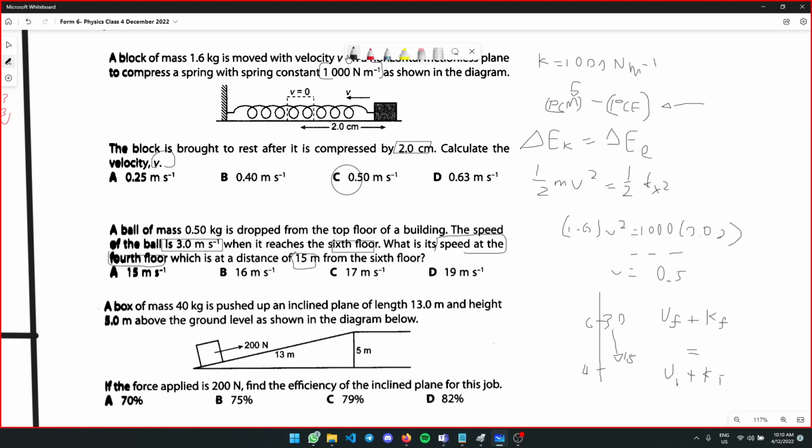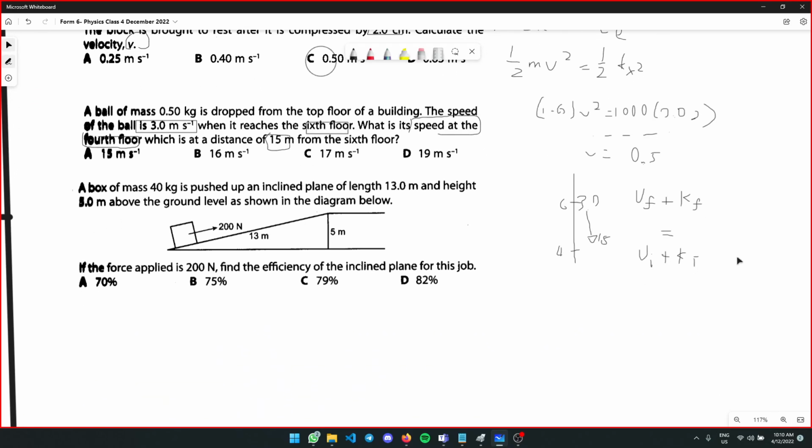But they only ask for the change, right? What is the speed?